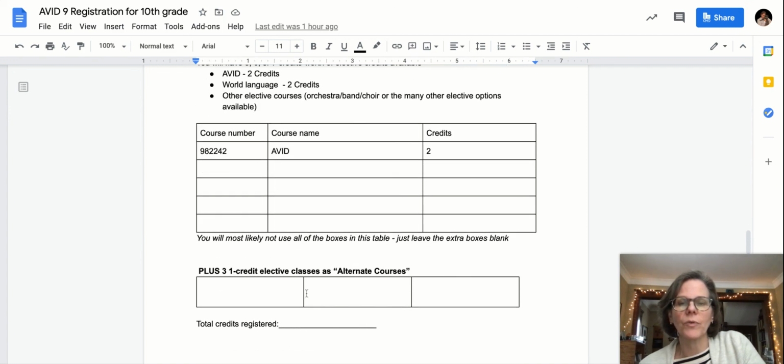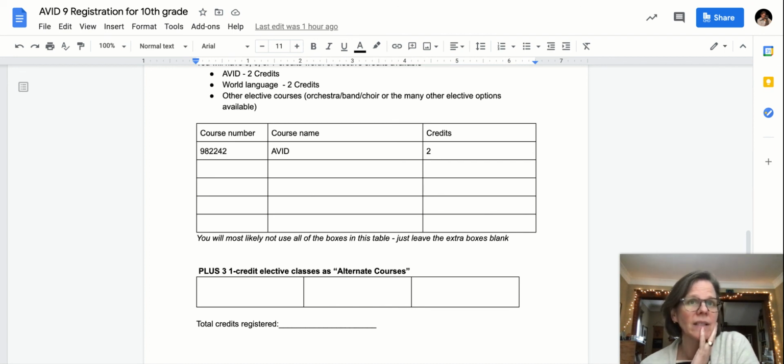It's 1 credit elective classes as alternate classes. I don't know if they're having you put that in your registration this year. They almost always do, in case the classes that you've selected don't fit into your schedule. They want to know, what else are you interested in? What else do you care about that we could put you in so that we can fill your schedule? If you don't put in those alternate courses, they might just put you in a study hall, which you do not want.